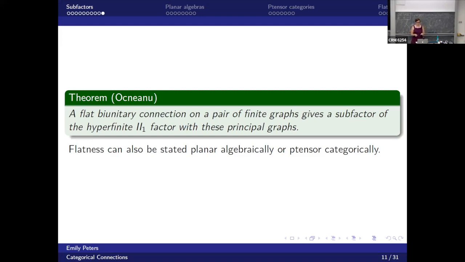Does there need to be any consistency between the principal graph and the dual principal graph? Really good question. You are forced to have the same Frobenius-Perron eigenvalue for both graphs. But they certainly don't have to be the same graph. Now, remember that we were actually talking about this bipartite principal graph.